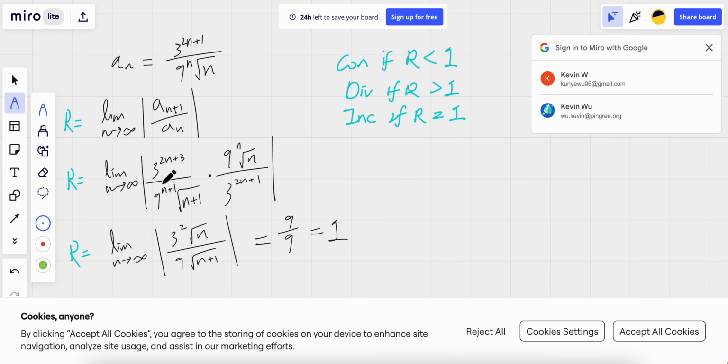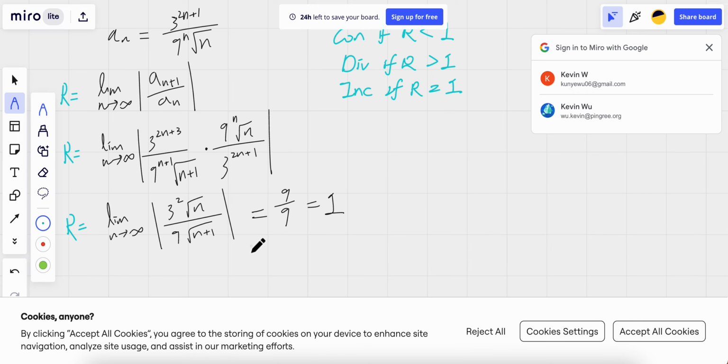So this is the same as this piece times 9 to the n times root n over 3 to the 2n plus 1. Then here we can use our exponent properties, and we can rewrite 3 to the 2n plus 3 as 3 to the 2n times 3 cubed. Then this is 3 to the 2n times 3 to the first power, so the 3 to the 2n cancels with this 3 to the 2n.